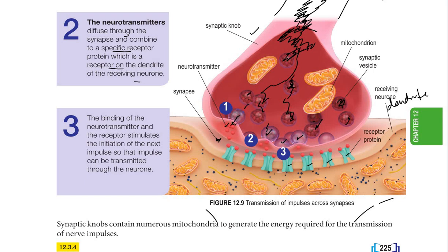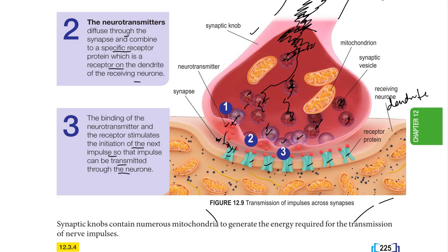The neurotransmitter will diffuse and combine with the receptor protein. The binding of the neurotransmitter and the receptor stimulates the initiation of the next impulse so that the impulse can be transmitted through the neuron.